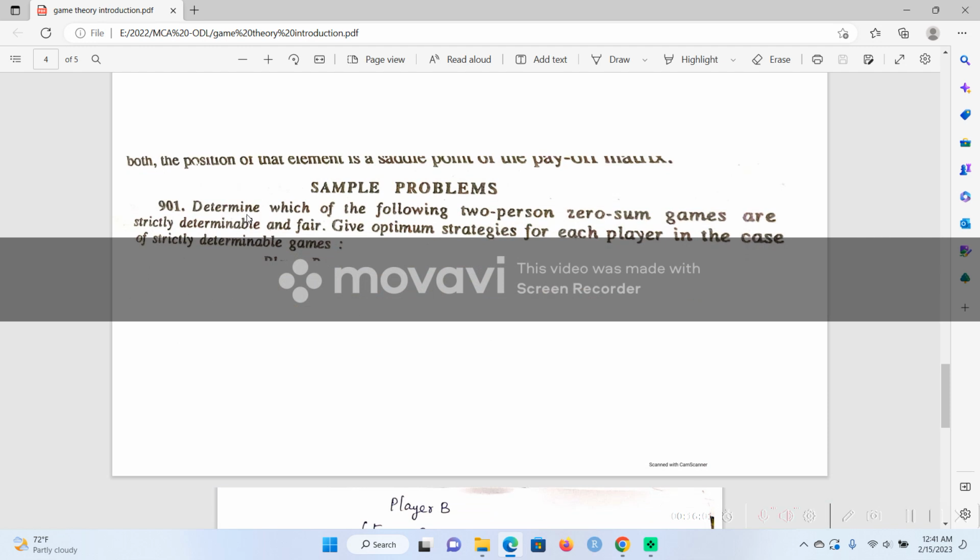So we are going to discuss these problems. The problem is: determine which of the following two-person zero-sum games are strictly determinable and fair. Give optimum strategies for each player in the case of strictly determinable games.